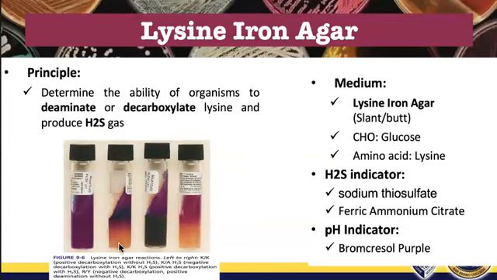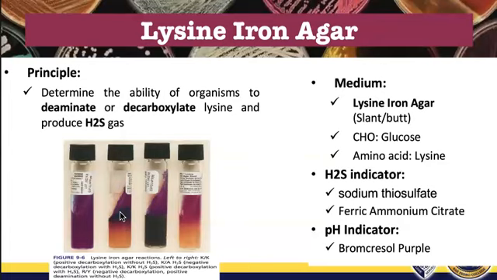Okay? Whereas deamination is triggered in the presence of the aminase enzymes. It will occur in the presence of the aminase enzyme, and the activity is aerobic, so it is usually observed at the slant portion.